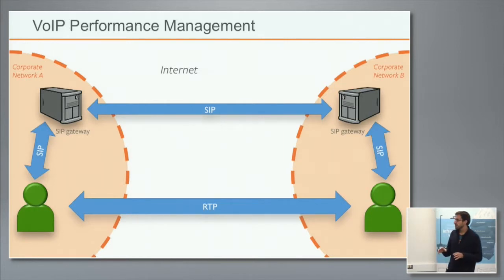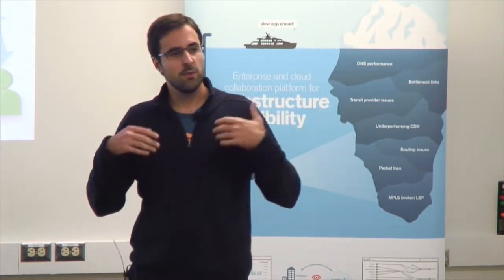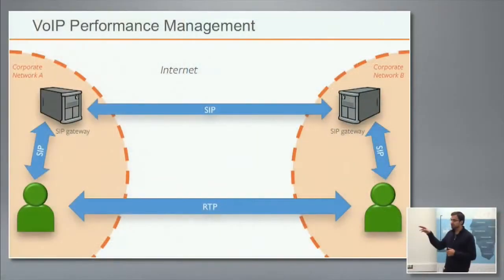It starts by establishing the VoIP call, usually using SIP, the Session Initiation Protocol. Then it checks if the user is registered at the SIP gateway, and once the phone rings on the other side, the call is established. Then the whole communication is done through RTP streams between these two endpoints. They're basically two independent RTP streams that run across this network.